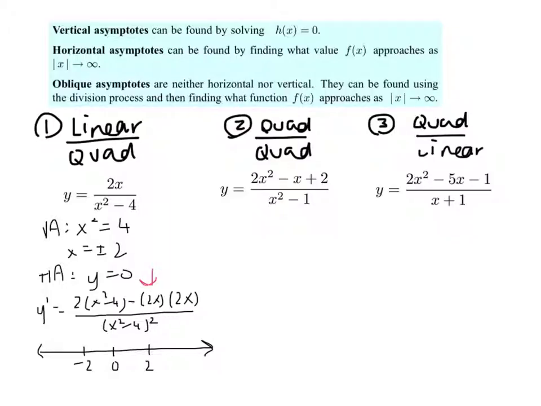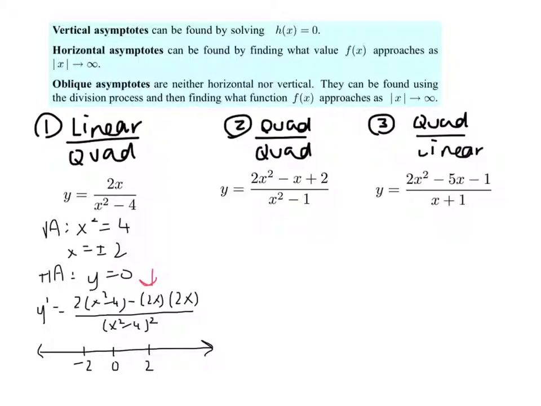And then using that, I plotted my points for my vertical asymptote, and I also plotted a 0 here because that's where I have a stationary point, or a point of inflection.